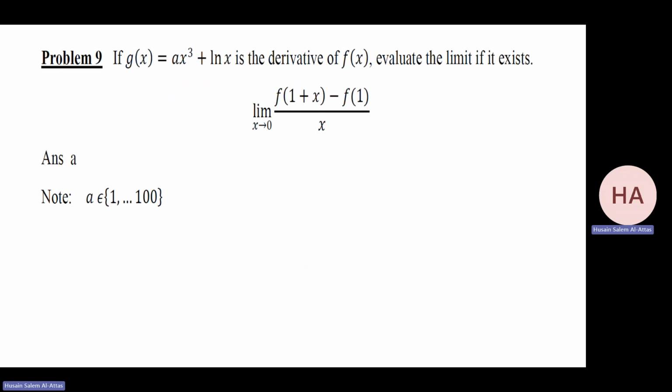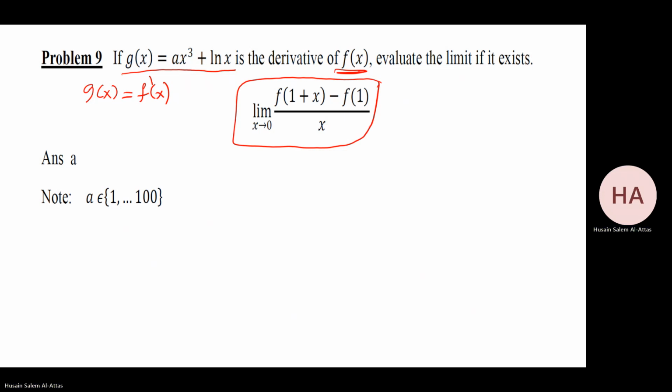Let me check this question. It says you give me this function. It says it's the derivative of f. So that means g of x is f prime at x. That's what he said. He said evaluate this limit. This limit reminds us, if you remember, f prime at a is the limit as h goes to 0 of f of a plus h minus f of a over h.